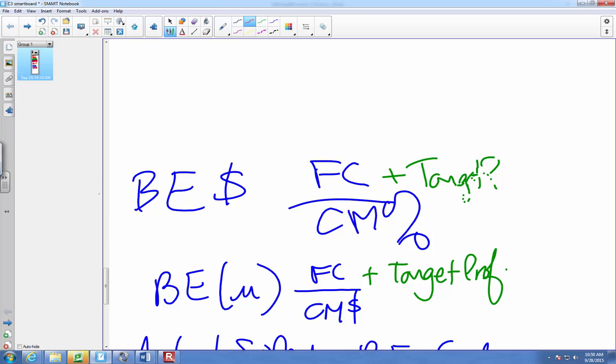Right here. Fixed cost divided by CM percentage. We know, what are they, 7,500? And we didn't even need to pull a calculator on that one, did we? So what are my break even in dollars?